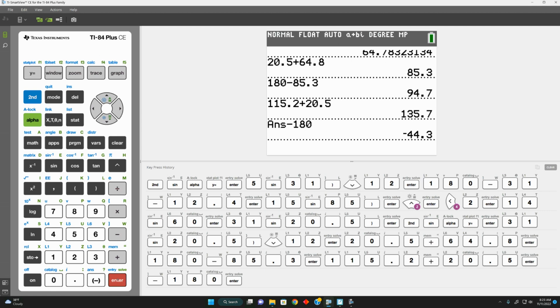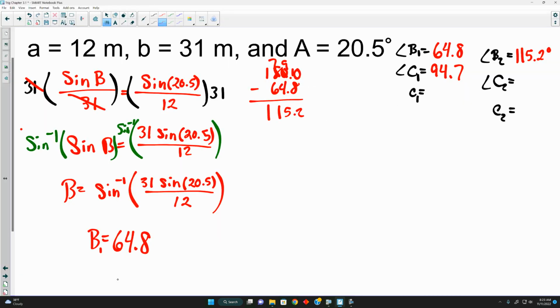But knowing that I have the wrong sign, it's just telling me it's 44.3. Questions on any of this so far? Not been too bad, because really all we did was find angle B, subtract from 180 to get the other angle, added those two angles together, and subtracted it from 180 to find the third angle, yes?